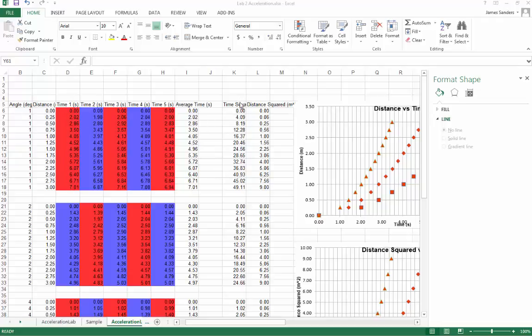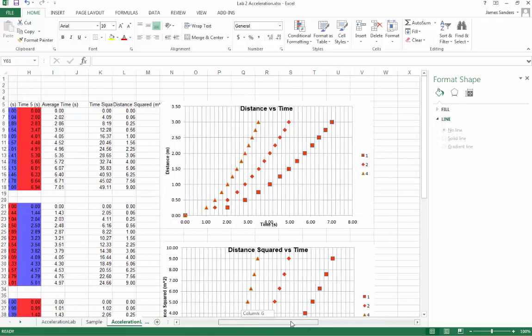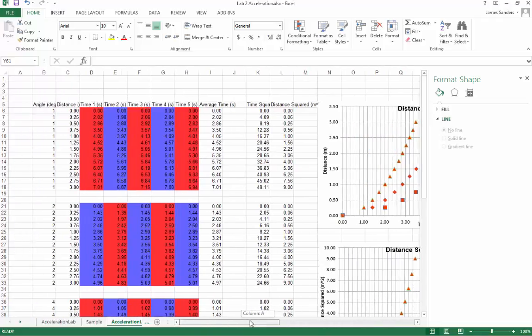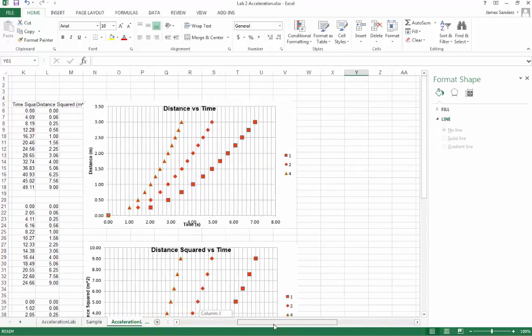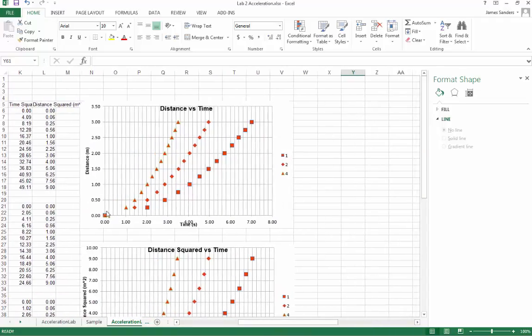Then I created 2 other columns, one that is basically the square of the times, the other is the square of the distances. So then I have made some graphs that plot these data. The graph is basically plotting average time versus distance, and it's doing it for each of these 4 angles.